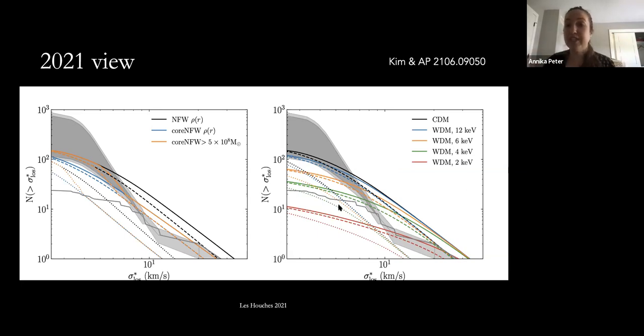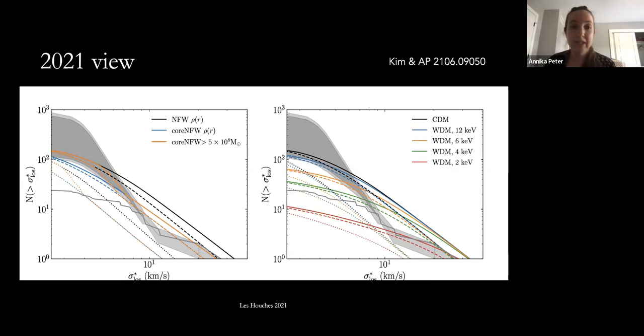So as a result, you tend to get a suppressed halo mass function on small scales. And also because halos form later, they tend to be less dense than cold dark matter halos. And here in this plot we're able to show that this velocity function actually is fairly constraining of warm dark matter models.